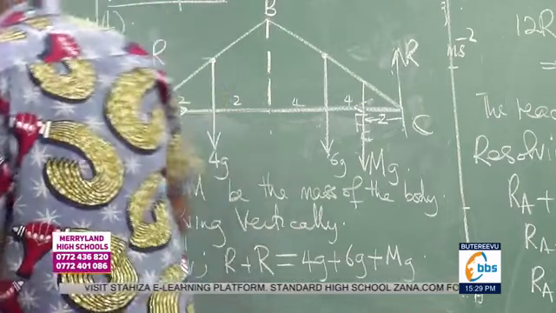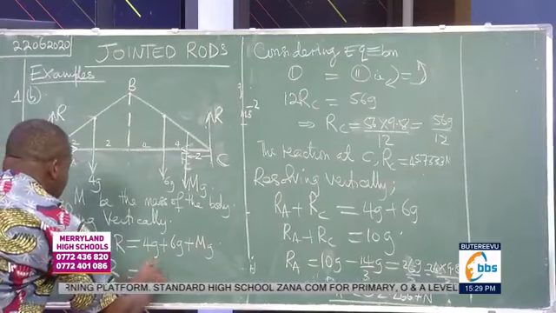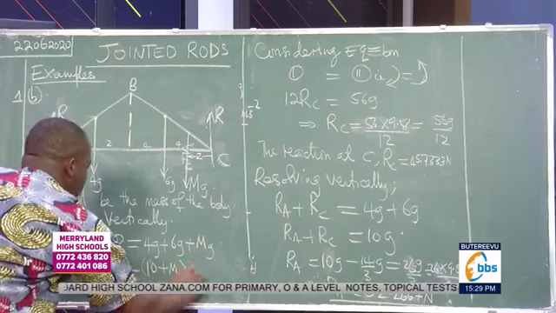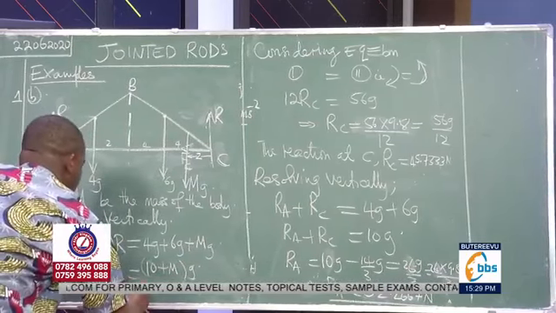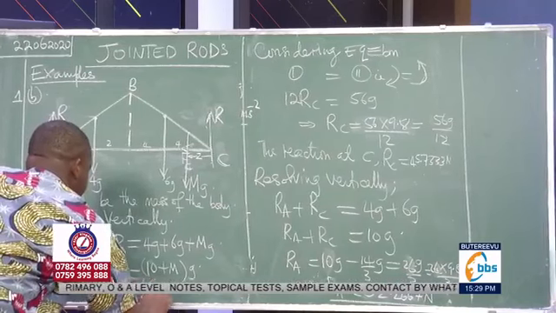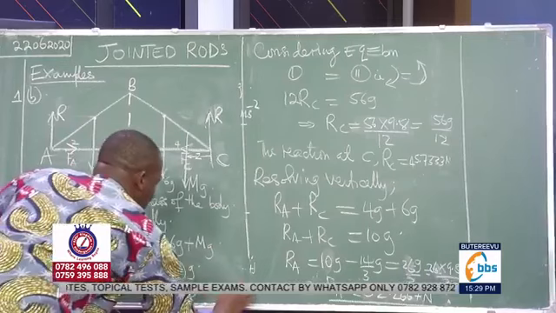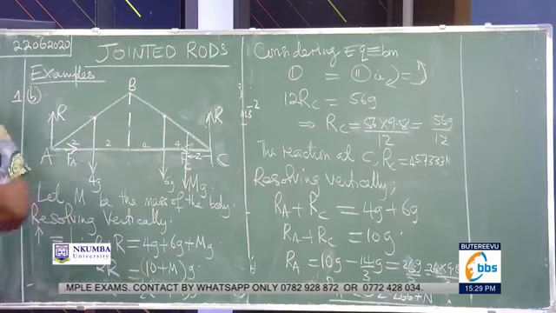Therefore our 2R here will be equal to 10 plus m all into g, and we can get the value of R. R here will be a half into 10 plus m, times g, and we can call this equation A.